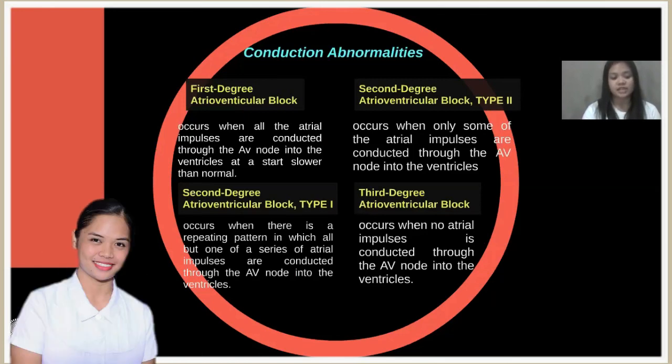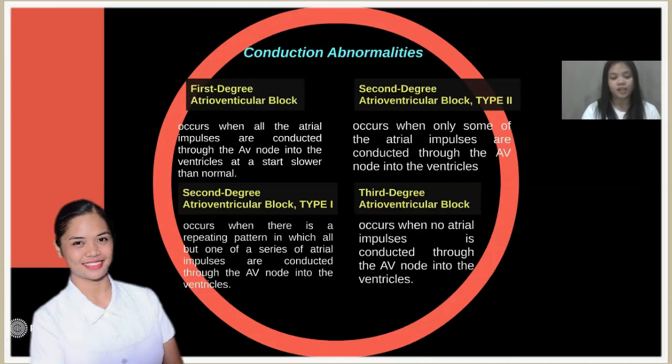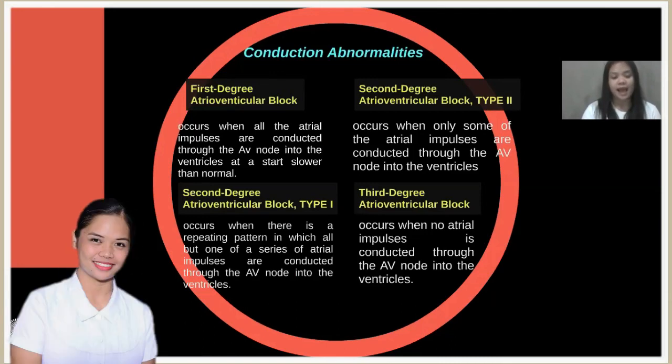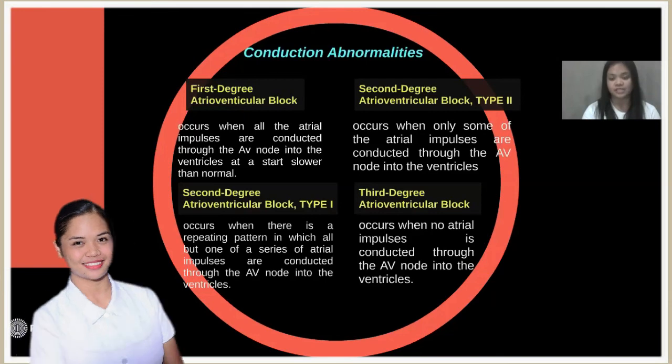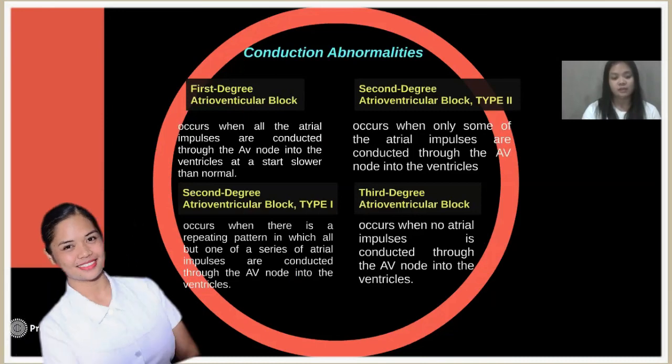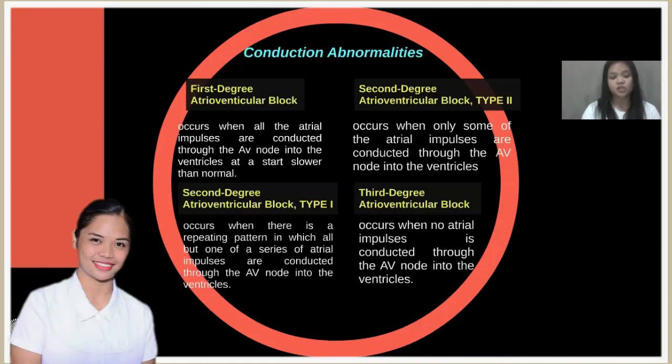In ECG, this is seen as a progressive prolongation of the PR interval, followed by a P wave without a QRS complex. This is known as a blocked P wave or a dropped QRS complex. As the AV node recovers, the cycle restarts, as it usually repeats in a regular cycle. This is called the Wenckebach phenomenon. Second degree AV block type 1 is usually mild and no specific treatment is indicated.